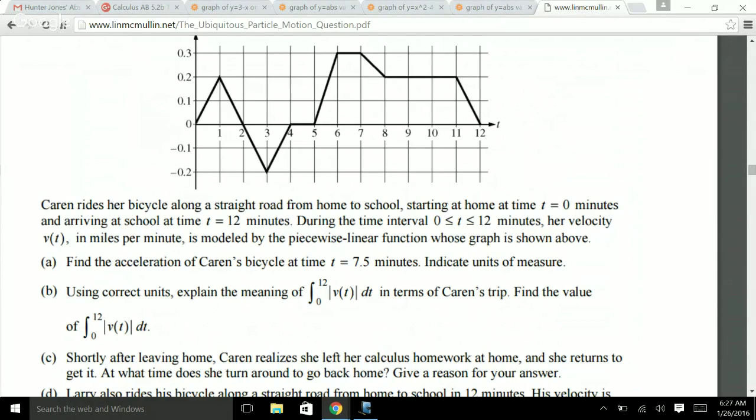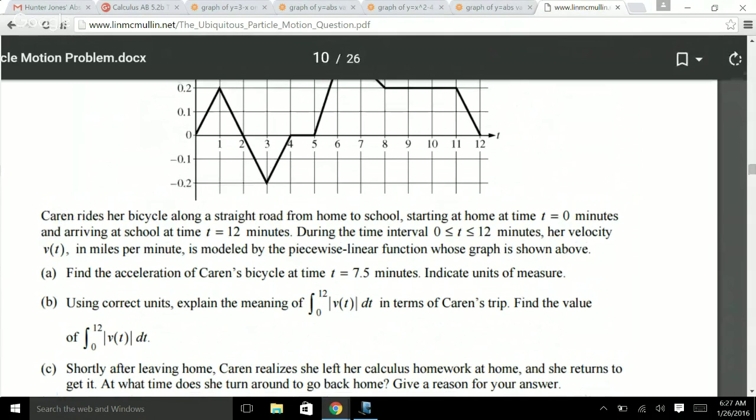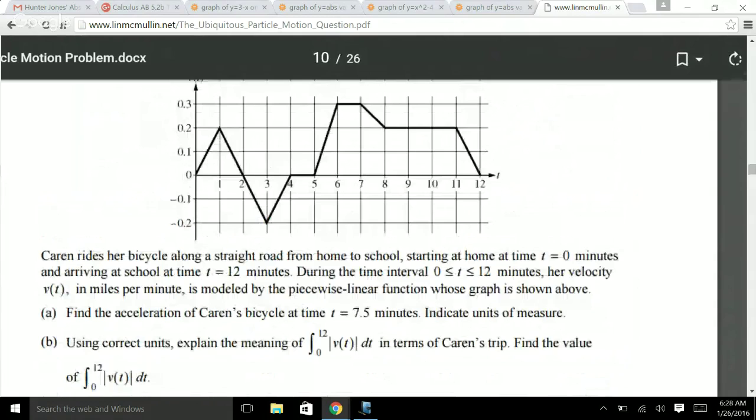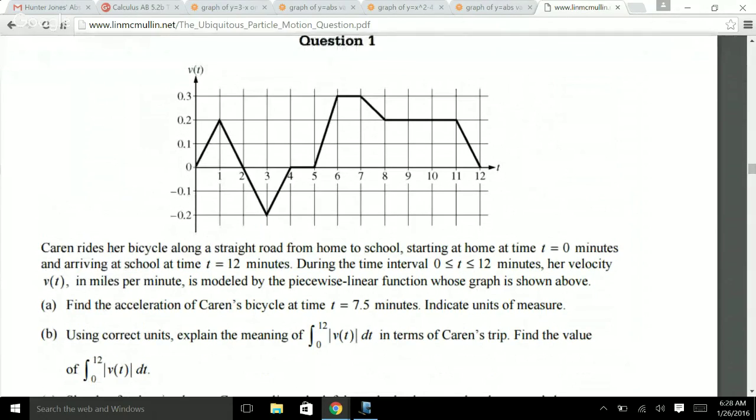All right, and if you look at your graph here, 7.5 is right there. So if we find the slope of that line, it's linear, real easy. You have the acceleration at 7.5 minutes. And remember to indicate units of measure. All right, miles per minute squared.